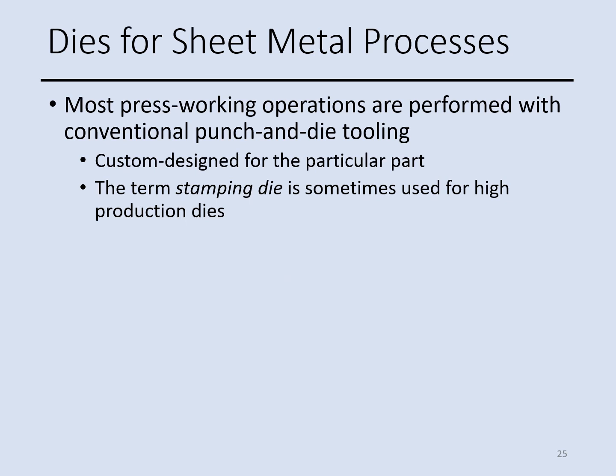In sheet metal processes, we use conventional punch and die tooling equipment. We may have some custom design for a particular part, but most of the time the equipment will be the same.